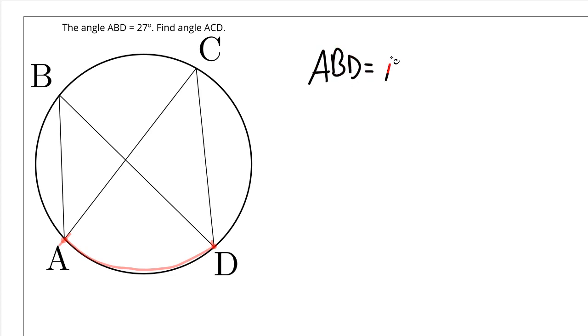ABD is equal to ACD. Now we're told that ABD is 27 degrees, so that must be the value of ACD. And that's it. And the reason would be angles from the same segment, from the same arc, are equal.